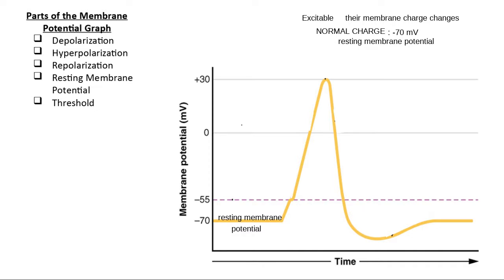Sometimes I'll abbreviate it RMP. I don't make you learn a lot of numbers for this class. You do need to know this number. Must know this number. So if you haven't already, on your graph for membrane charge, underline, highlight, star, -70.